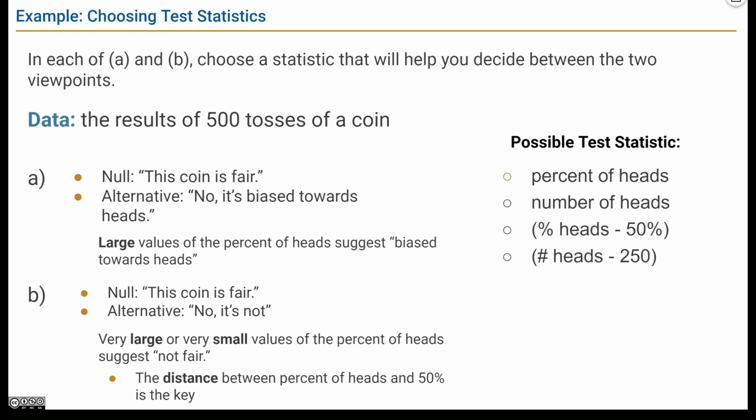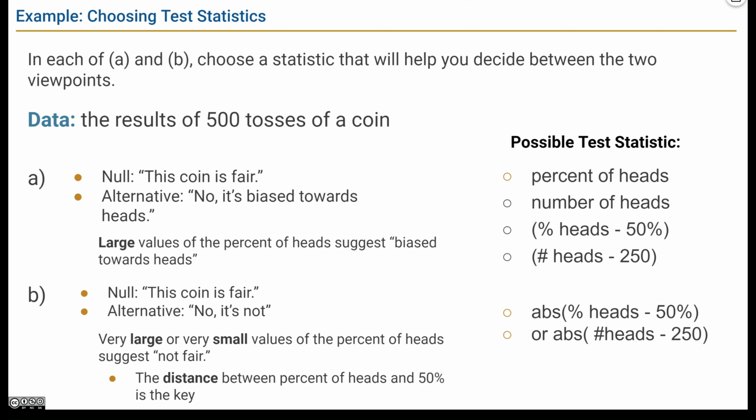And in that case, the distance between, for example, the percent of heads and what I would expect, 50%, would be useful as my test statistic. So I could do the absolute value of the percent of heads minus 50%, or the absolute value of the number of heads minus 250, because I would expect 250 if it was fair.